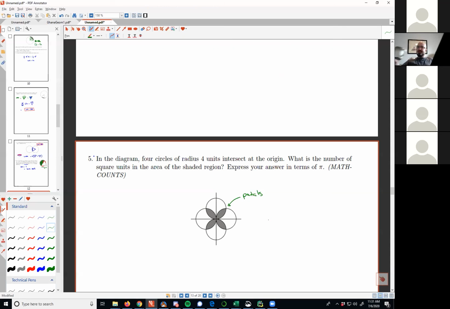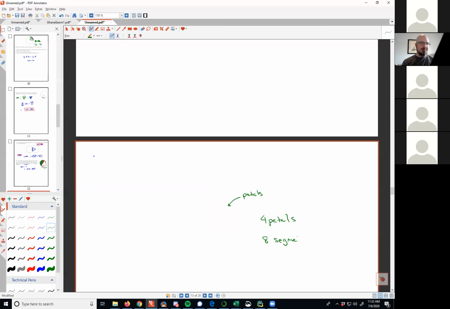We could find the area of one segment and then multiply by 4. Actually, you have to multiply by 8. Four petals, and each petal is 2 segments. So we have 8 segments total. Oops.